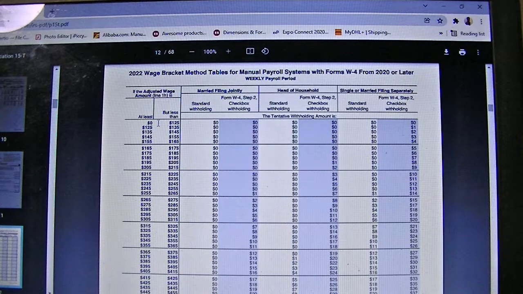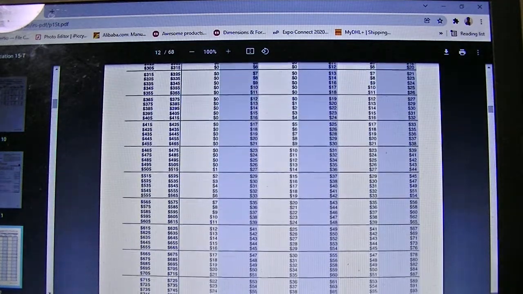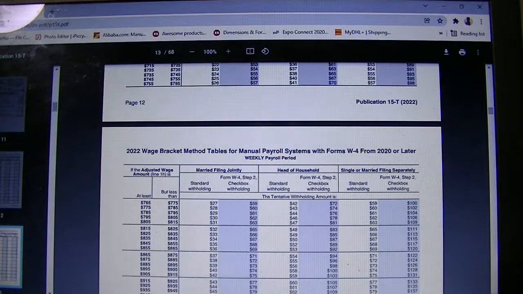And then you'll find, if that's yourself, for instance, if you are filing married filing jointly, you will use that, or if that's single, you will use that section. Pretty much you use the standard withholding portion, unless you want to go with what is on the W-4 form that the employee gave you.